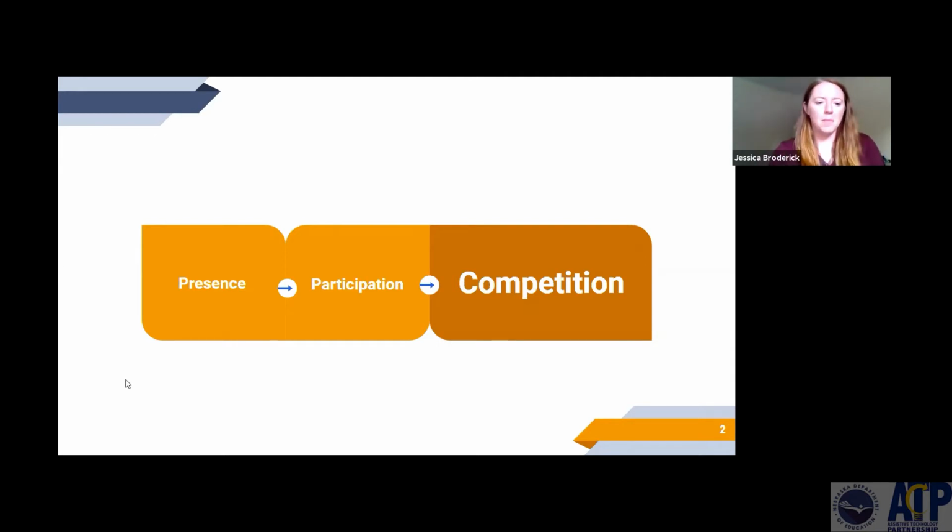And one of the ways we're going to talk about doing that is through using modeling. This is a way that we teach AAC when we're working with students who speak using AAC.